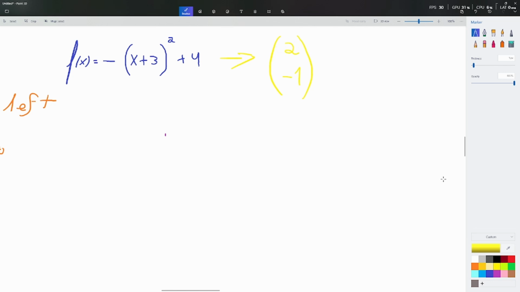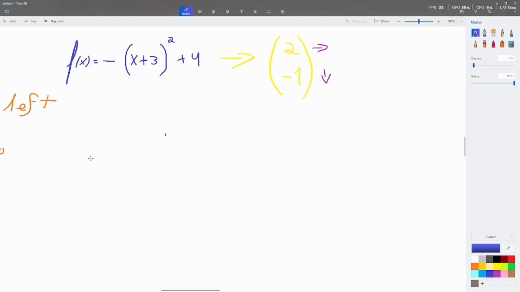So obviously this means that you will go 2 to the right side, and also 1 down. So with this you will get a function, and you can always draw this in your vertex form as well.